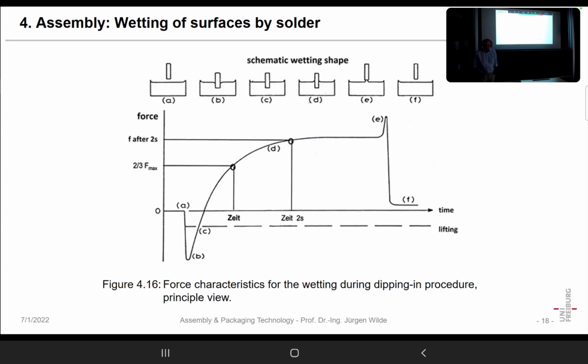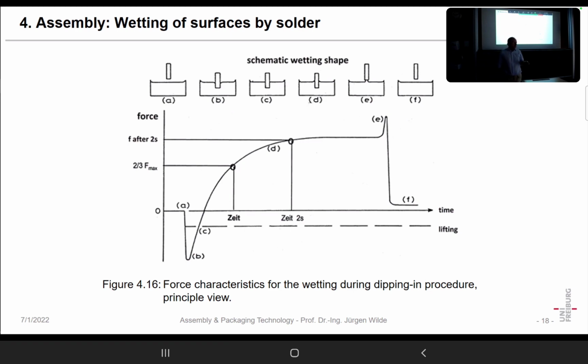Okay, I already mentioned the question of wetting. Wetting is important, and it was the key. Let's say improvement of wetting was the key to reduce the rate of soldering defects as a result of wetting defects. And that was one thing.